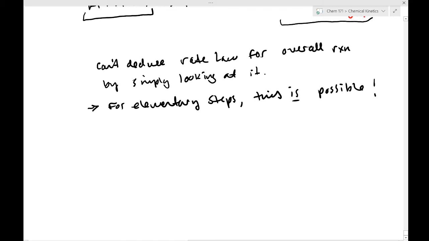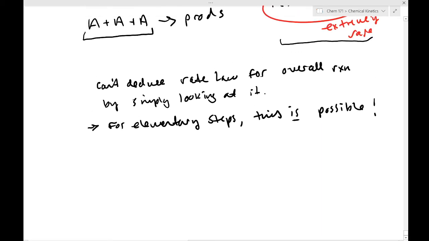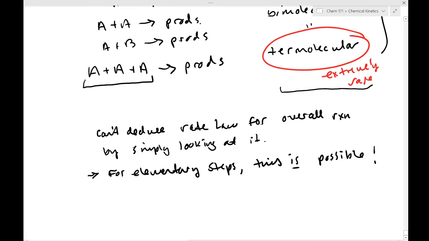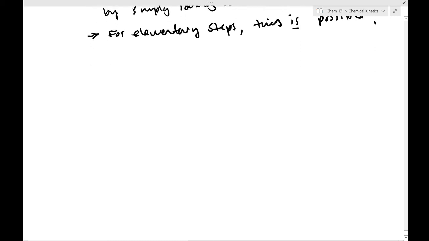If you look at an elementary step, you can determine the rate by simply looking at it. That's why it's so important to know the molecularity of the step, because the molecularity tells you what the rate law is. If I have a bimolecular elementary step, I know that the rate is going to be equal to k times A times B, and it's going to be second order.